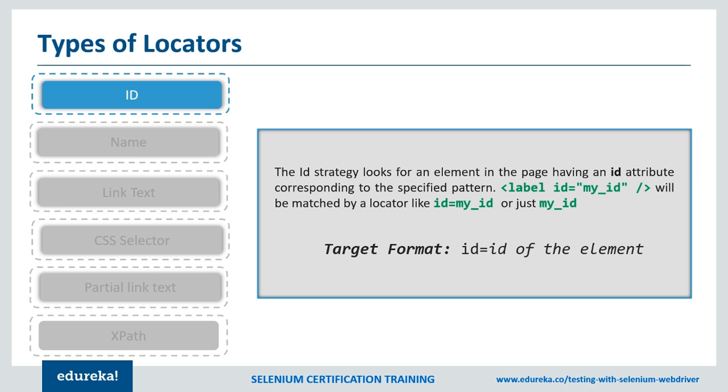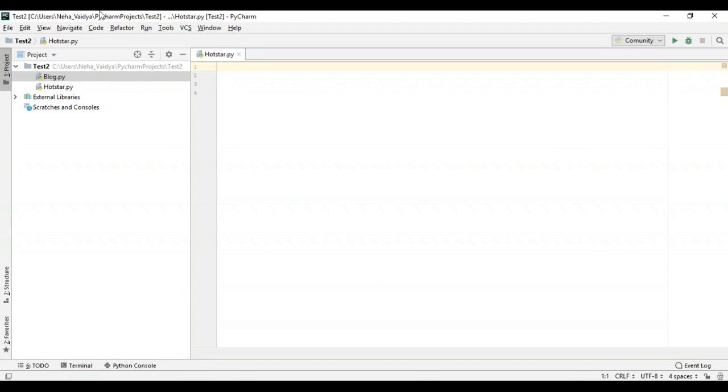Now let's see how to use the ID locator with the help of an example. So first I have created a simple file in Python, that is Hotstar. And the very first step that I'm going to do is import the WebDriver. So I'm going to write it like from selenium import webdriver. Simple. So once I import the WebDriver, the next step is to launch the Chrome driver.